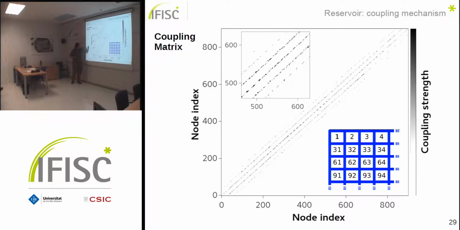So from the coupling matrix, we see that we have these diagonal lines. The central diagonal line is self-coupling. But these parallel lines are the coupling of the nodes towards the ones above and below, as they are separated by 30 indexes. Which means that, for example, the 31 is coupled to 1 and 61.